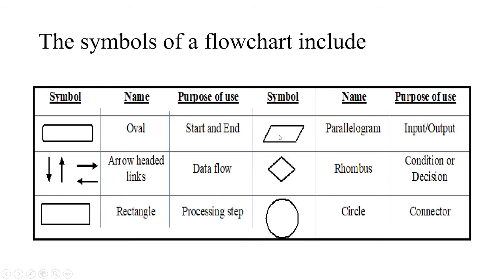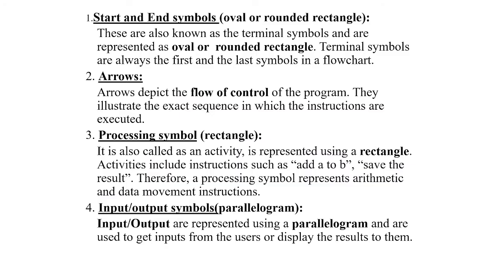The fourth symbol, the parallelogram, is used to represent reading or writing, inputting or outputting data. The rhombus or decision symbol is used to represent the condition or the decision. And a circle is the symbol used for the connector. In the next slide, we talk about each symbol and the purpose for which we use it in the flowchart.